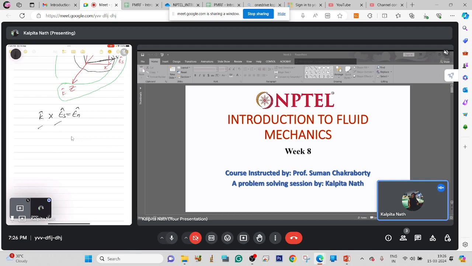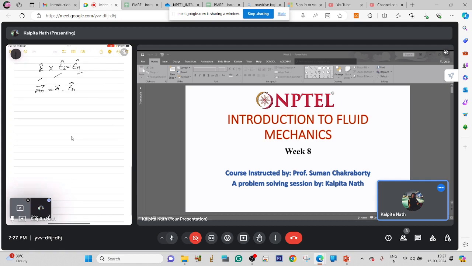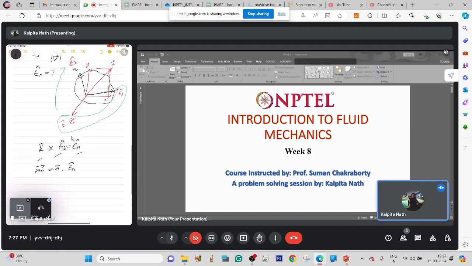So this we know, this we know, this we can find out. Now a n vector we need to find out, that will be a vector dot epsilon n cap, right? And we need to equate with minus v square by r, that is the value of a n vector. Now we need to find this one at last, right?